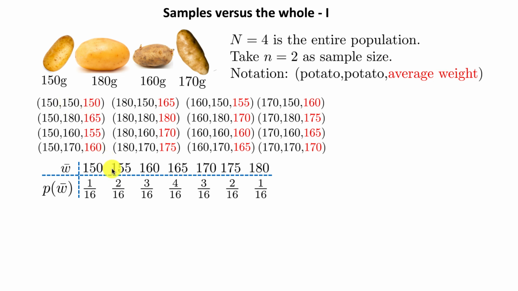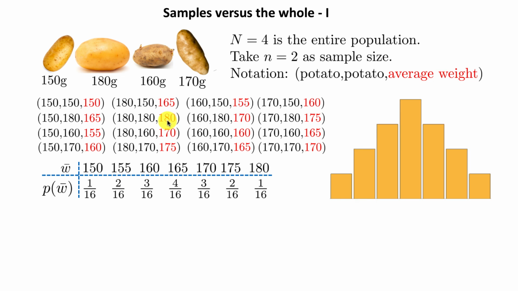On the other hand, I can get 155 in 2 different ways. That's because I have this possibility as well as this possibility. Similarly, 160 has 3 possibilities, 165 has 4 possibilities, and so forth. And 180 is possible only when the first potato and the second potato are both 180 grams.